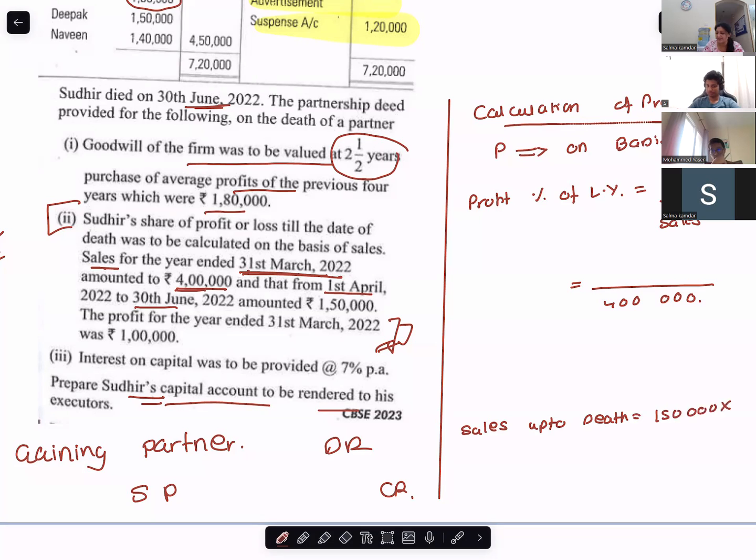This has to be multiplied with the profit percentage that we find: profit for the year ended 31st March. That means profit of the last year is 100,000.